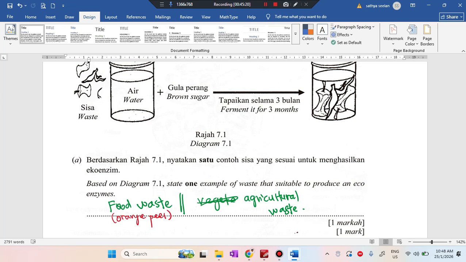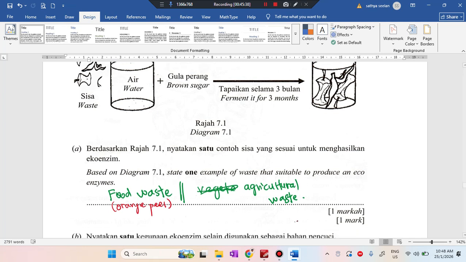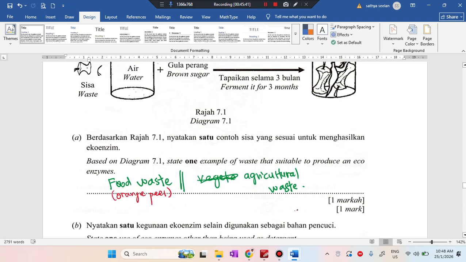This is the ecoenzyme. Okay, done. Now state one use of ecoenzyme apart from cleaning agent.